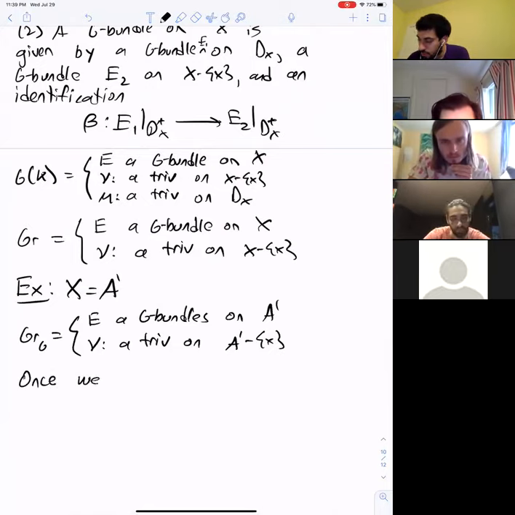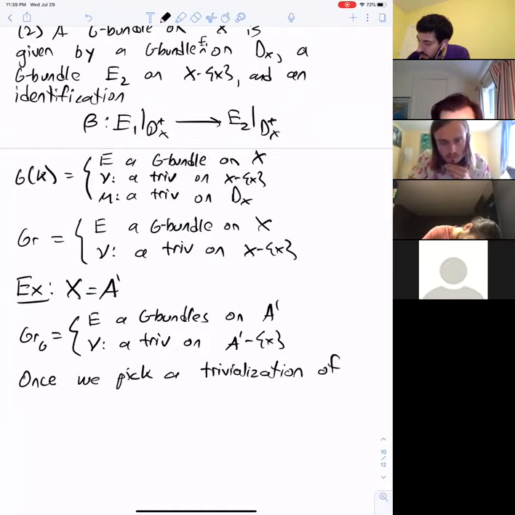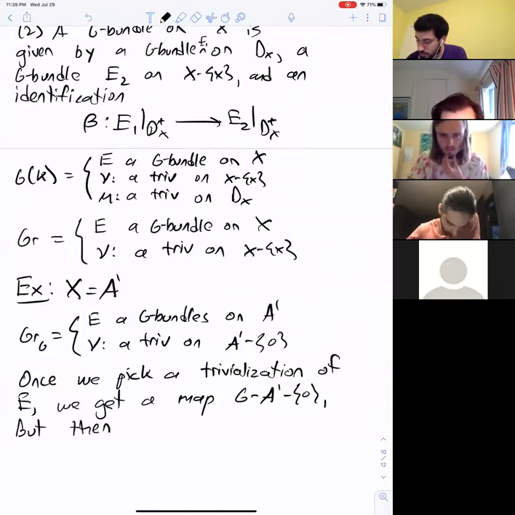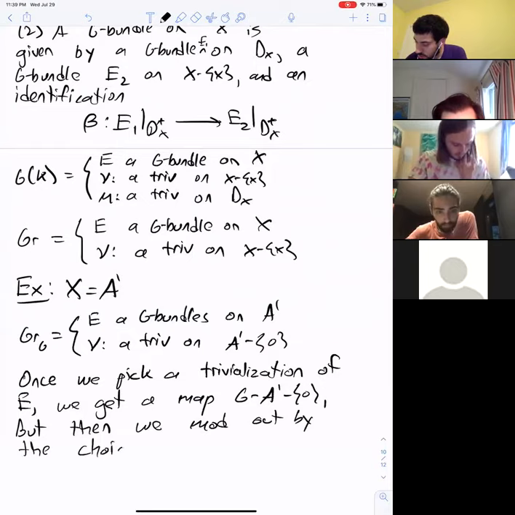Once we pick a trivialization of E, we get a map from G to A1 minus, actually I'm just going to say this point is 0, A1 minus 0, but then we have to mod out by the choice of trivialization.